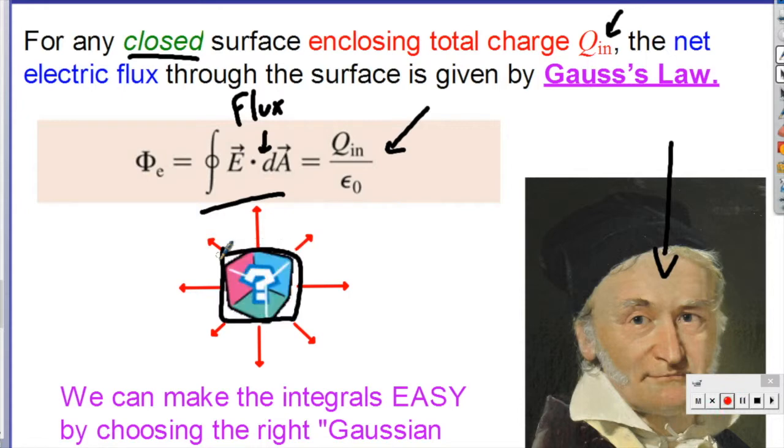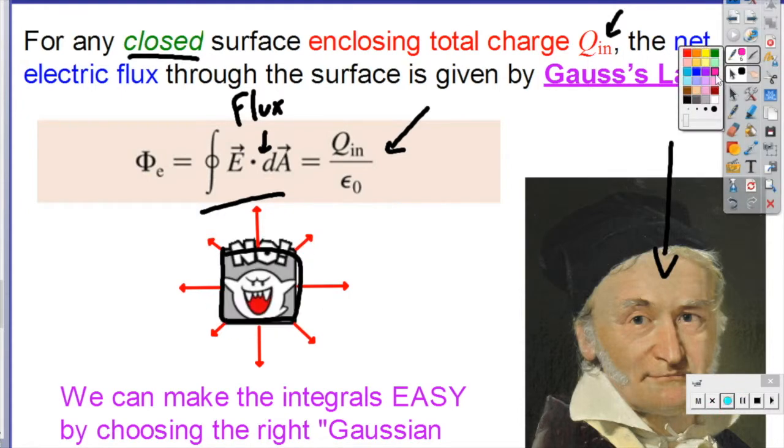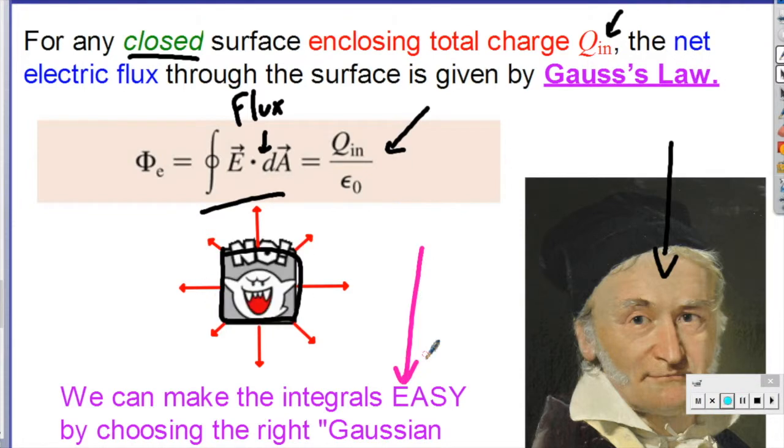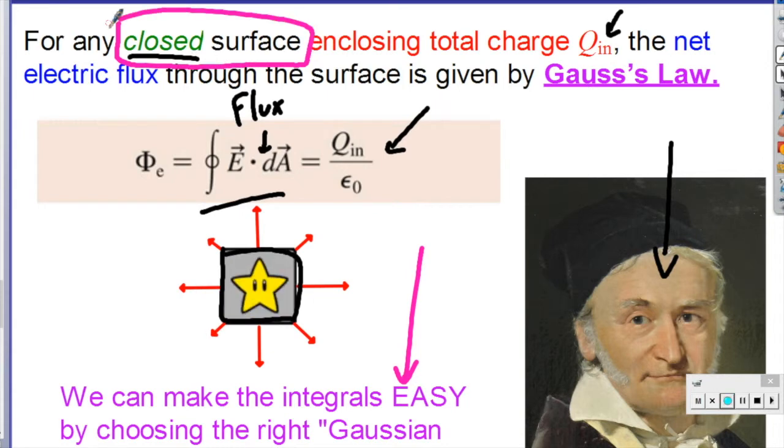And it turns out that we can make these integrals very easy and get some really powerful results by choosing the right closed surface. So it says for any closed surface, this is true, but some surfaces are better than others. So we're going to talk now about how to choose the right Gaussian surface and what the heck it is.